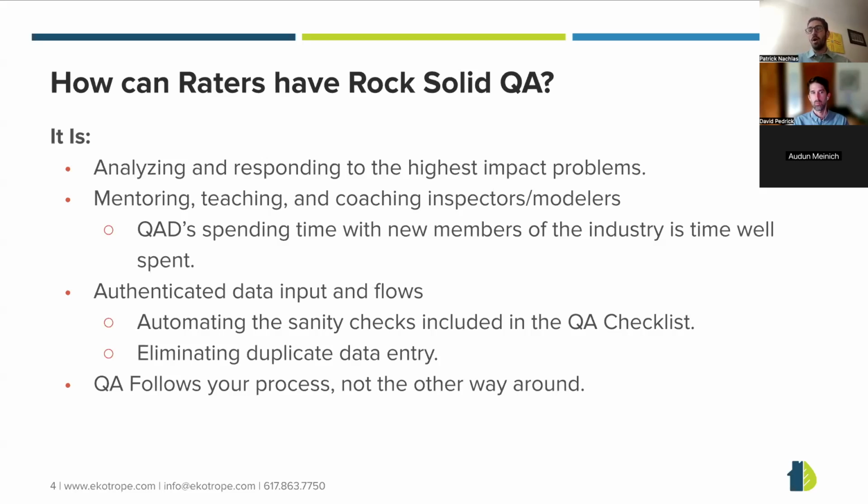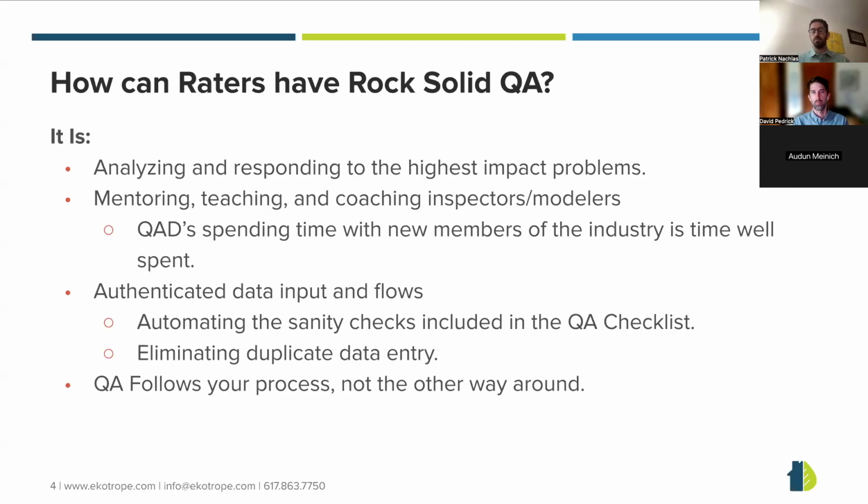Rock Solid QA is also authenticated data input flows. Much like you build an Ekotrope energy model and we have automated QA checks to say, hey, do I pass IECC 2024? Can there be automated checks for some of the more administrative aspects of the ResNet QA process? And lastly, eliminating duplicate data entry.